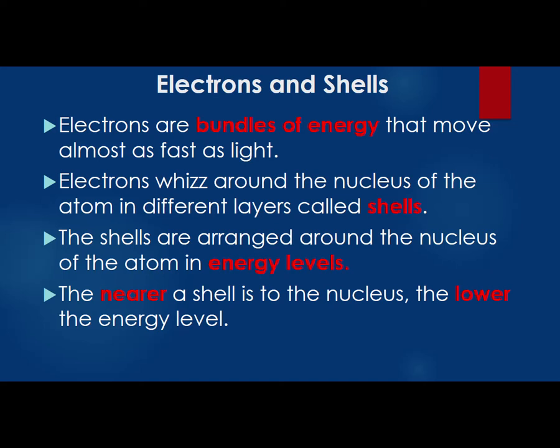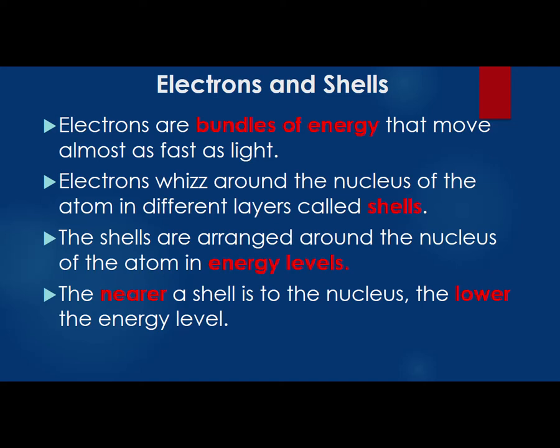As you know, planets are solid objects like huge balls, but electrons are not solid objects, rather they are bundles of energy. And the movement is also not the same as planets' movement.